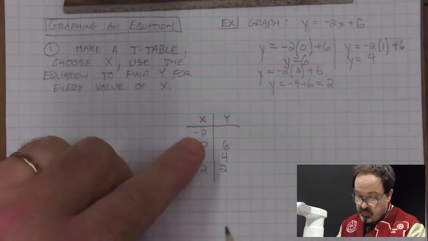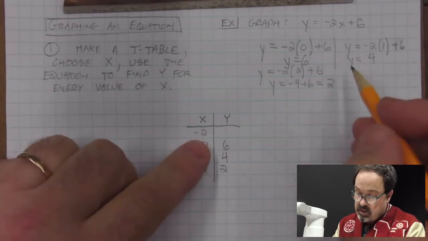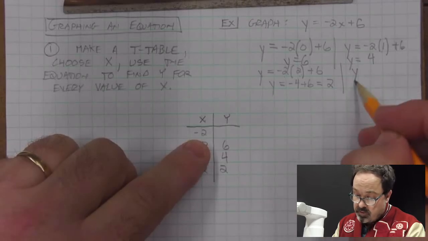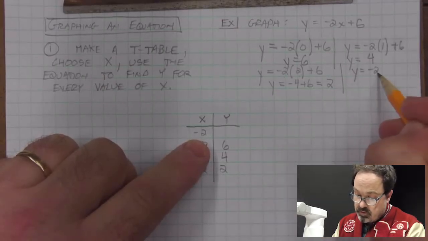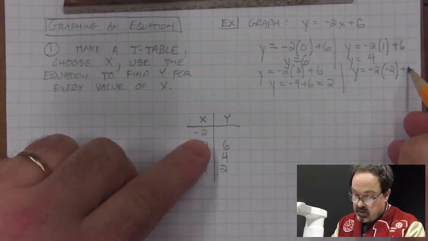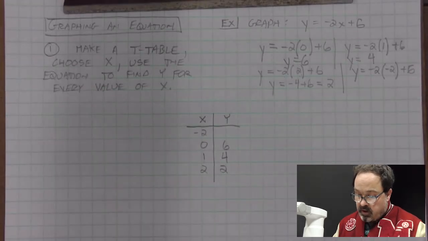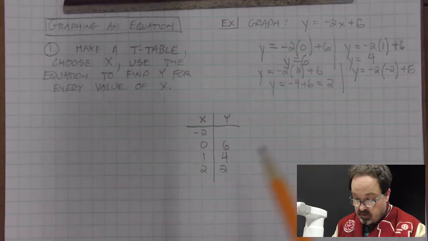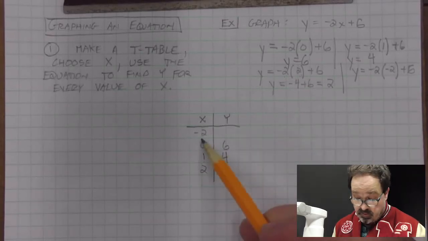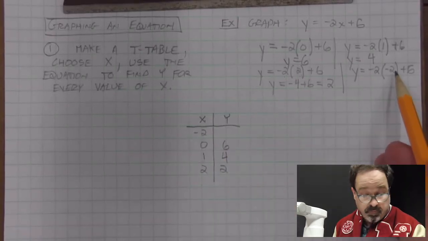Working with a new choice for x, my last one, when x is negative 2, I will find y with the equation. Y is equal to negative 2 times my choice of x, negative 2, plus 6. When I make a choice for x and I use the equation, what I'm doing is I'm substituting the value that I chose in for x.